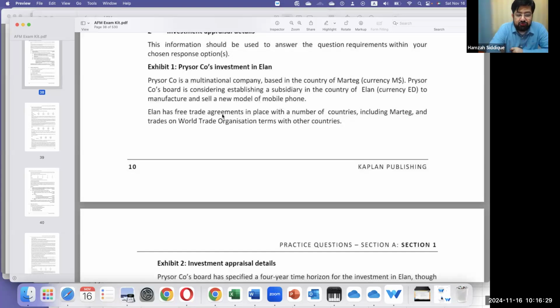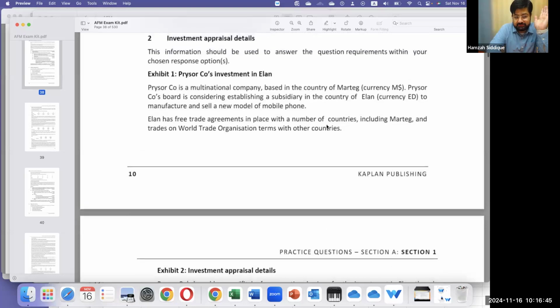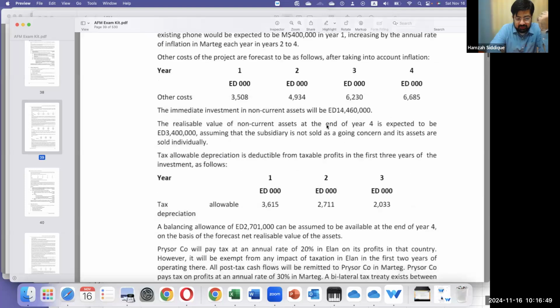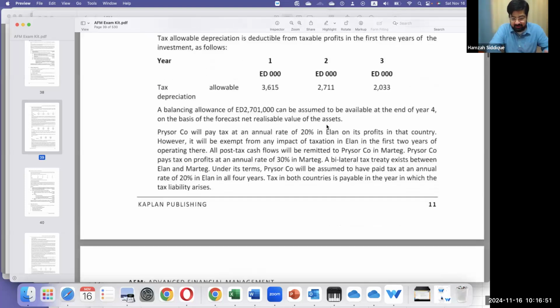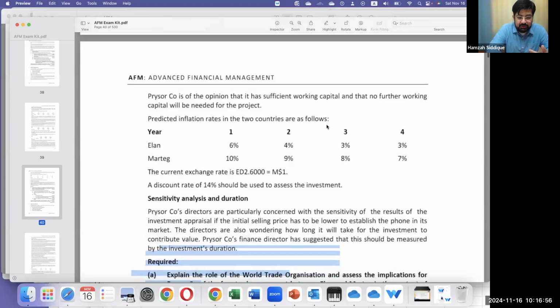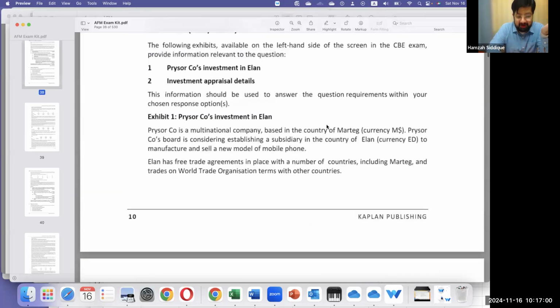Elan has a free trade agreement in place with a number of countries, including Malteg, and World Trade Organization terms with other countries. Now, only this information is available about it. Although you should read the remaining, based on my experience there is only one small paragraph available for the first part.